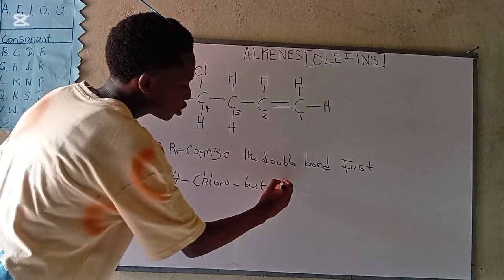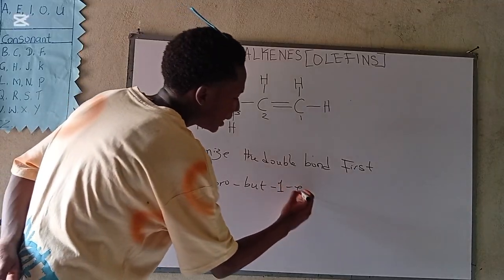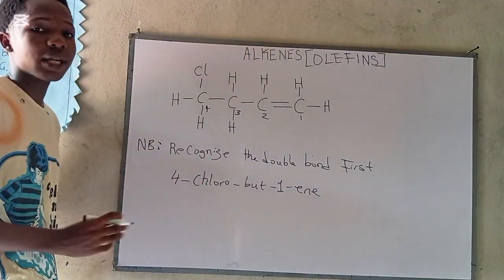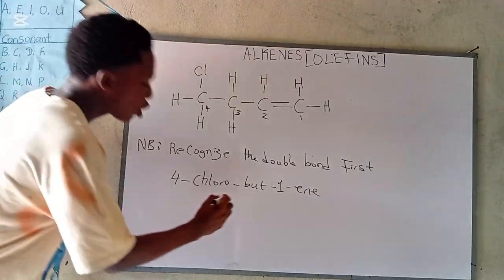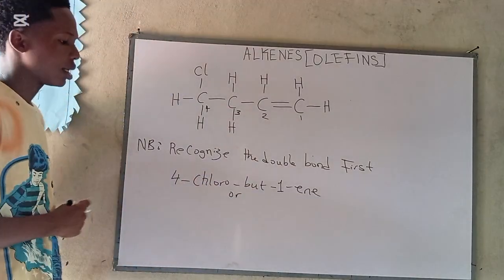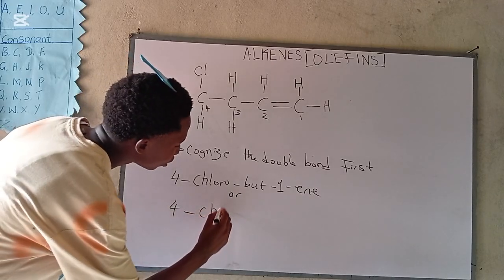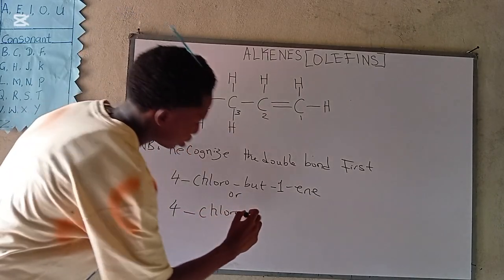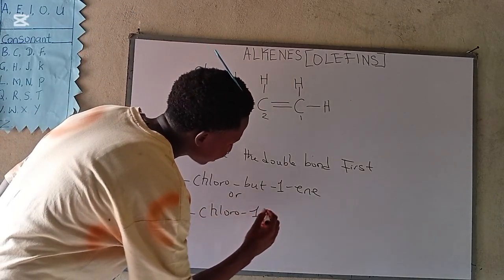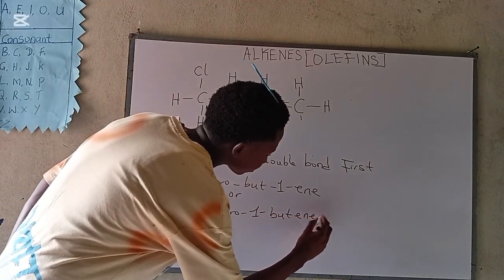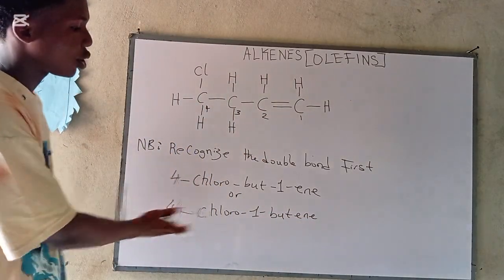So but what? But 1 ene. Why do we say ene? Because it's an alkene double bond. Okay? Now, this compound can also be called what? Can also be called 4 chloro but 1 ene. The compound can also be called like this.